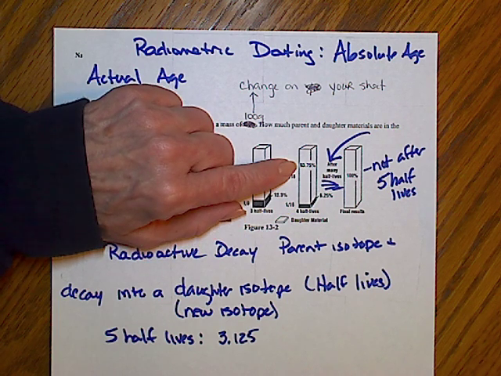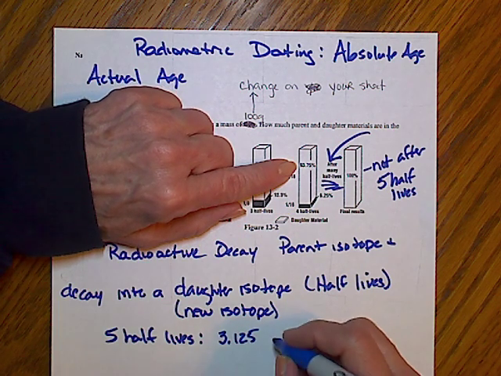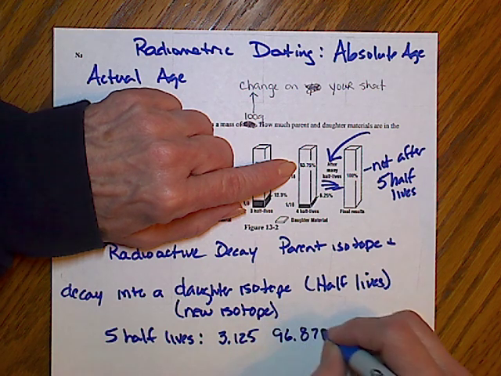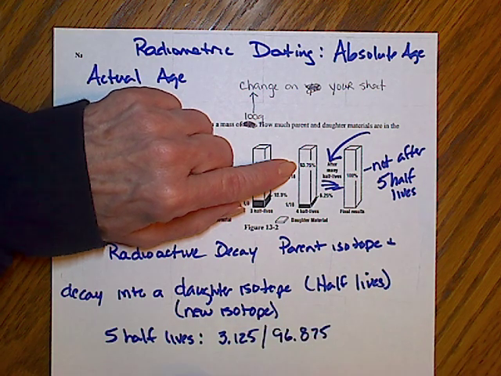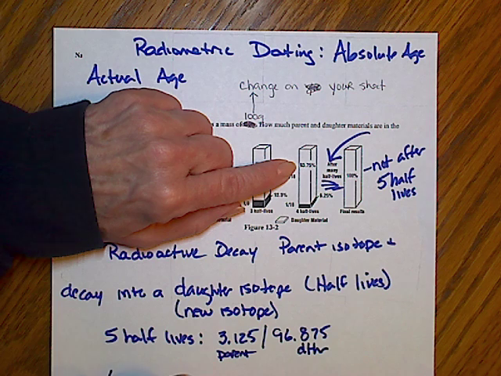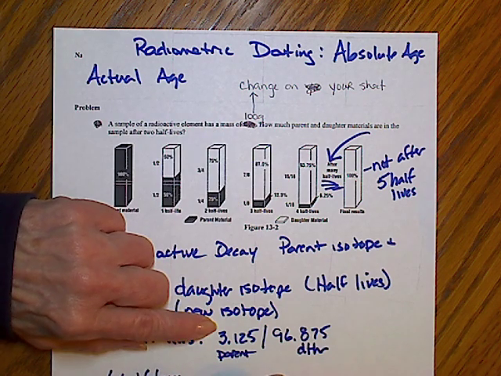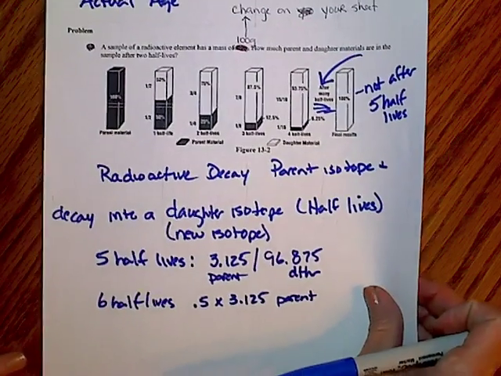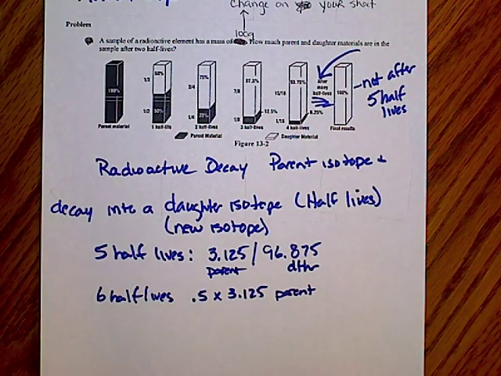And then that means that this one would be 96.875. Okay? So this is my parent. This is my daughter. After 6 half-lives, I would have half of 3.125 parent left. It keeps going down as we go along, all right? For every half-life.